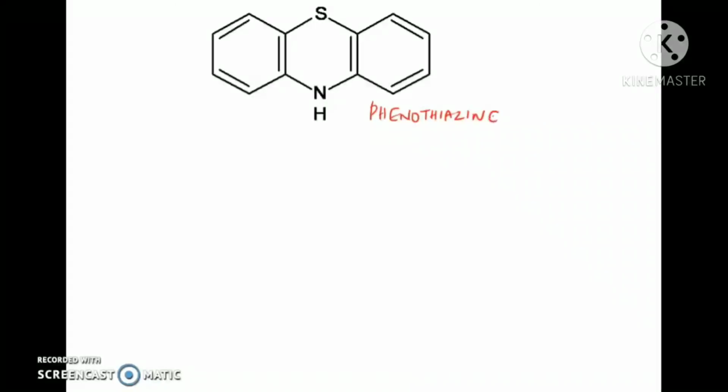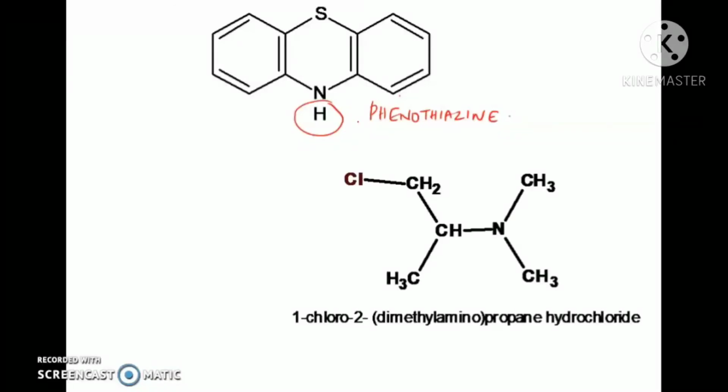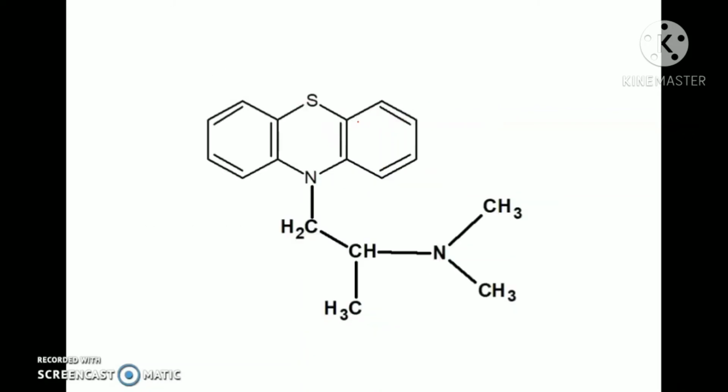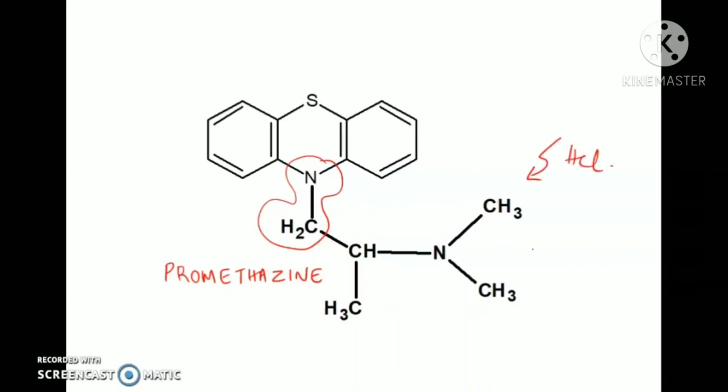And for that, 1-chloro-2-dimethylaminopropane hydrochloride is treated with the phenothiazine ring in presence of sodamide, and the side chain is introduced to form promethazine. Promethazine is used as its hydrochloride salt, promethazine hydrochloride.